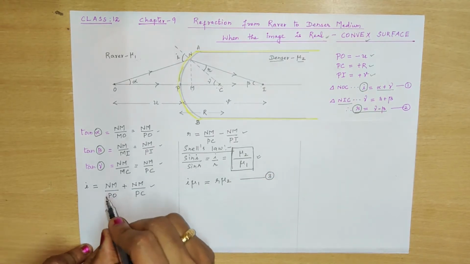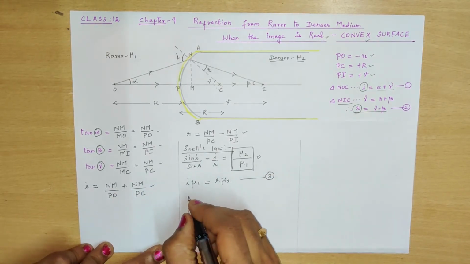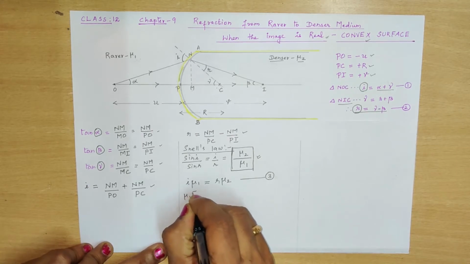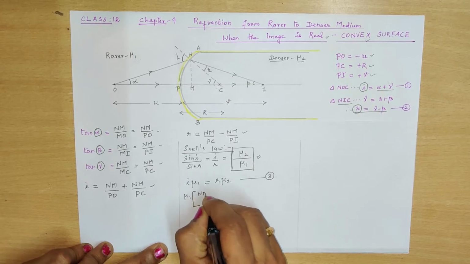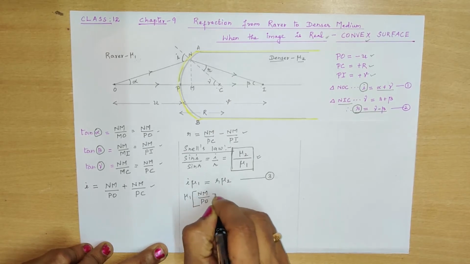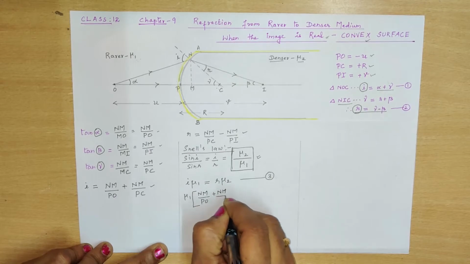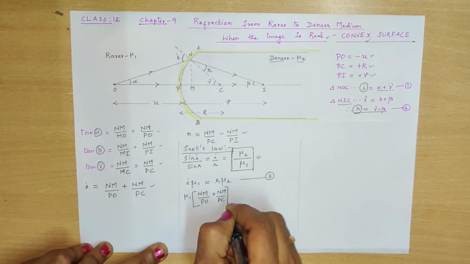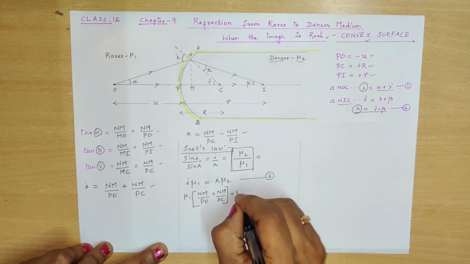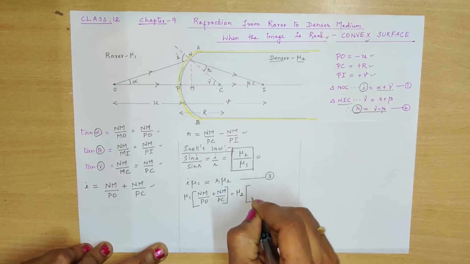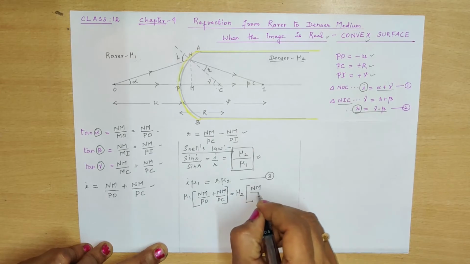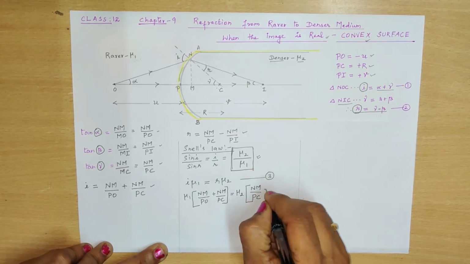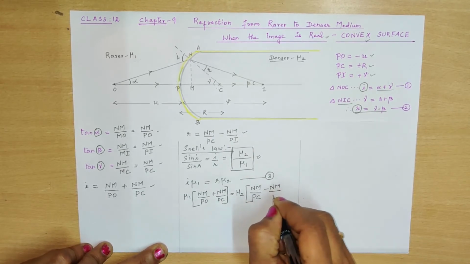We can also substitute, already we have kept I and R. Therefore, we can substitute here mu1 into I is equal to Nm upon Po plus Nm upon Pc. Let us also write for the right hand side where mu2 multiplied by, we have R value, Nm upon Pc minus Nm upon Pi.